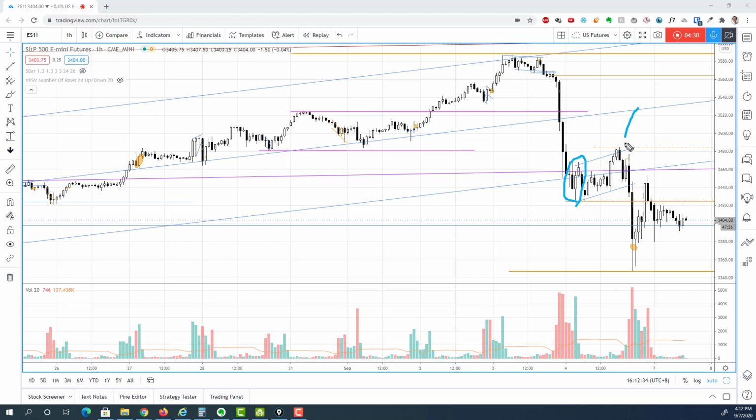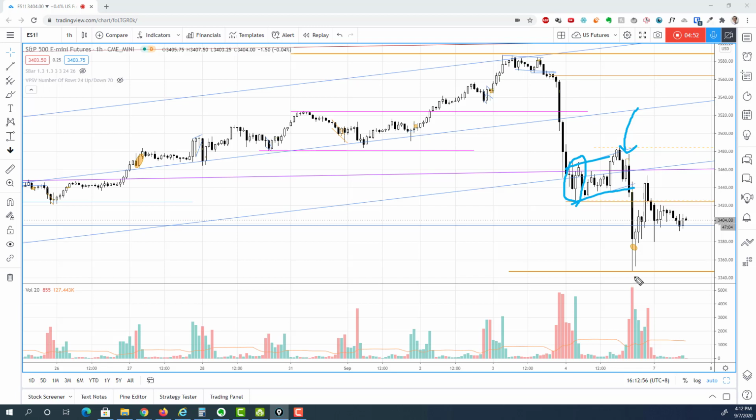So from here on, the bias is still down because there wasn't much demand showing up during this technical rebound. And the US opening hours definitely confirm that, as we see the continuation to the downside.